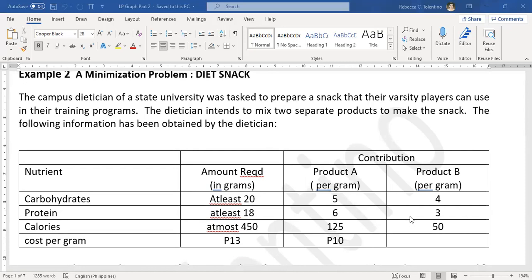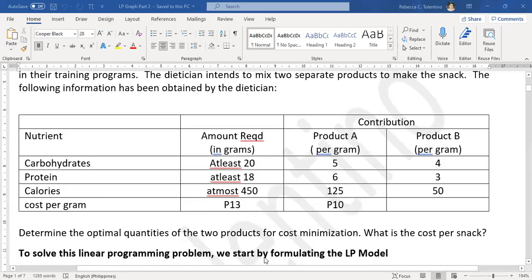The dietitian intends to mix two separate products to make the snack. The following information has been obtained by the dietitian. So for the nutrients, we have product A, which contains 5 grams of carbohydrates, 6 grams of protein, 125 grams of calories, and the cost per gram is 10 pesos.